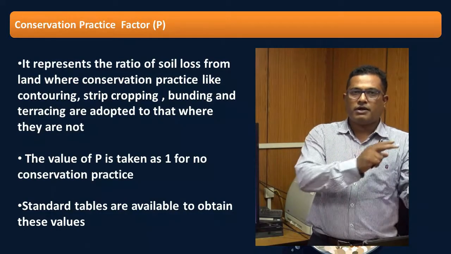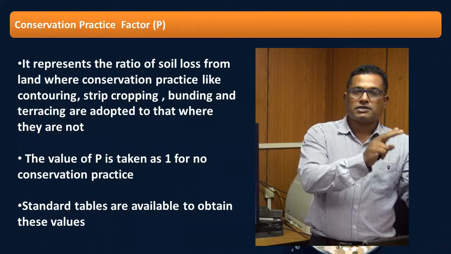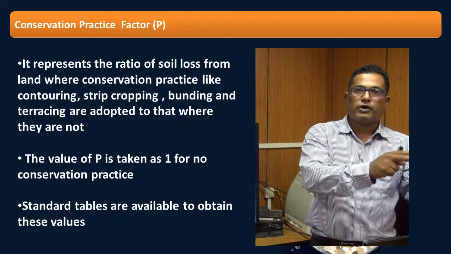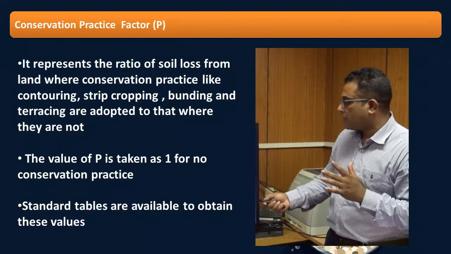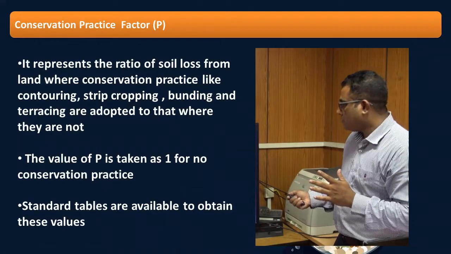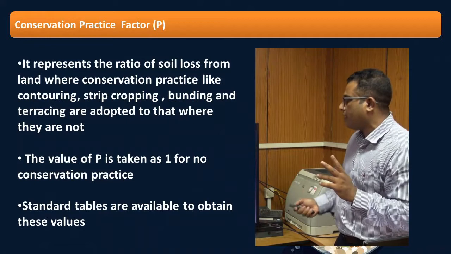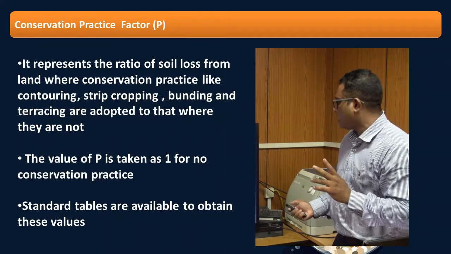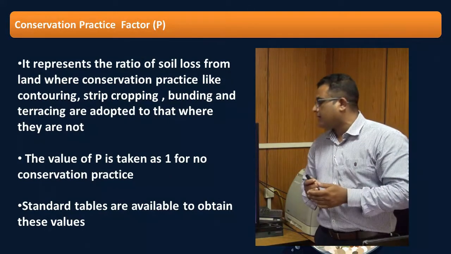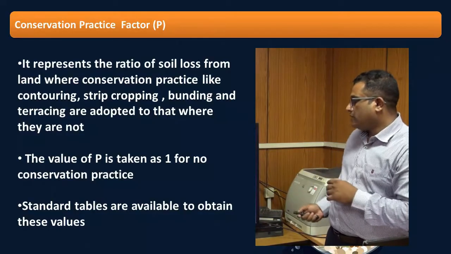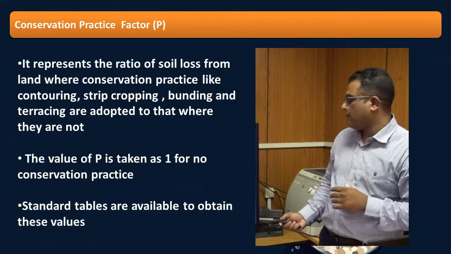And in the other one, all the conservation practices have been followed according to the recommendation. So this is the ratio of soil loss from land where conservation practices like contouring, strip cropping, bunding and terracing are followed, to that where they are not.